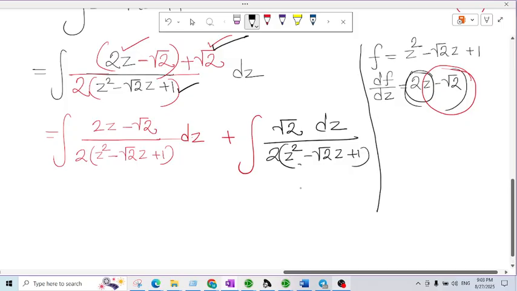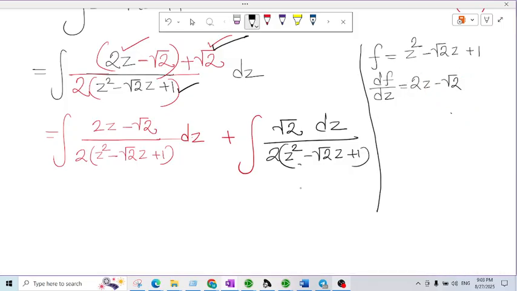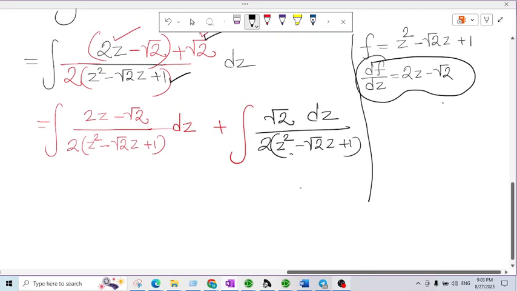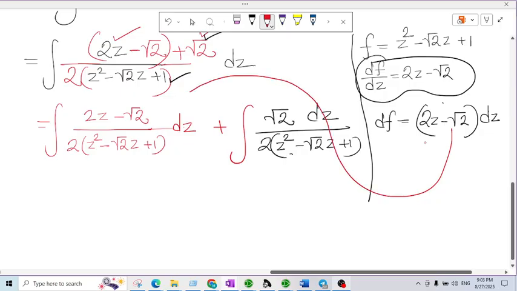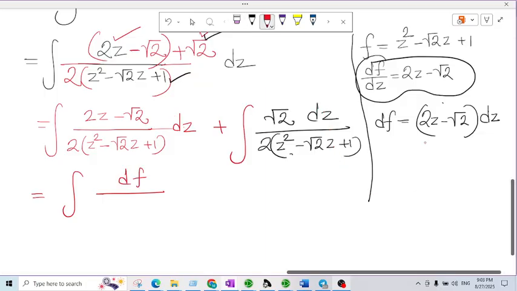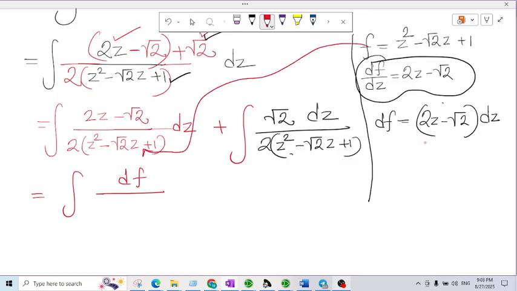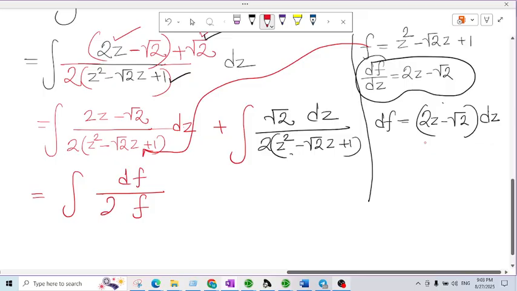You see here that df by dz is equal to 2z minus root 2. So df is simply equal to 2z minus root 2 dz. Well, now why have I written this? Because I can put this value here. So let's put this value here, and we will get a df here. Okay, so now let's put this f here, and I will get an f here, right?